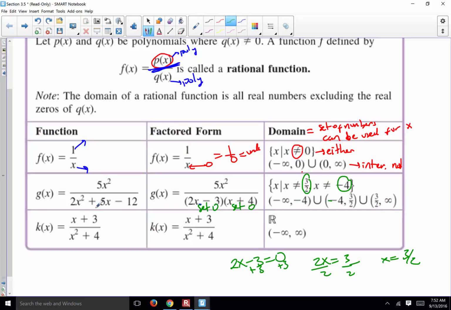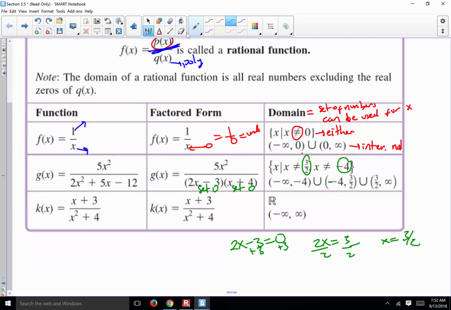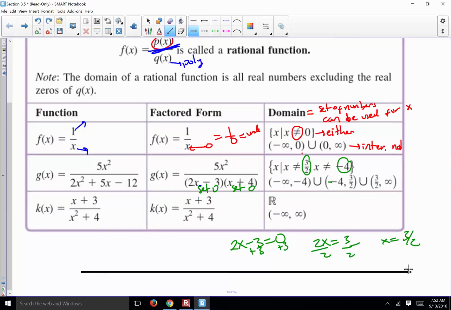3 pieces of lines. Because of this, when you graph that domain, here is our real line. Remember, we need to exclude 3 halves. This is 3 halves, and we need to exclude minus 4. Here is minus 4. How many different pieces do we have? We have now 3 pieces of line.